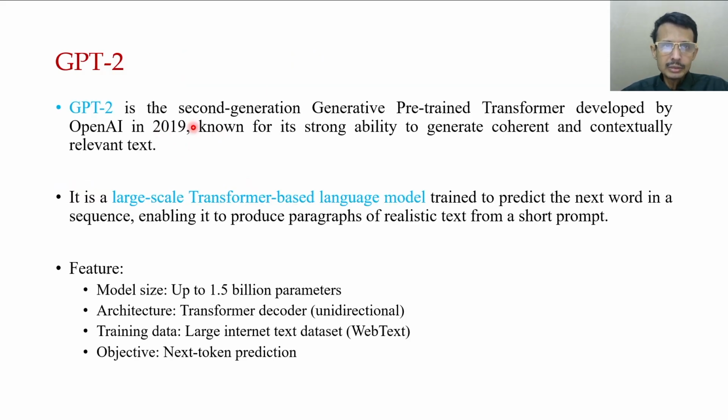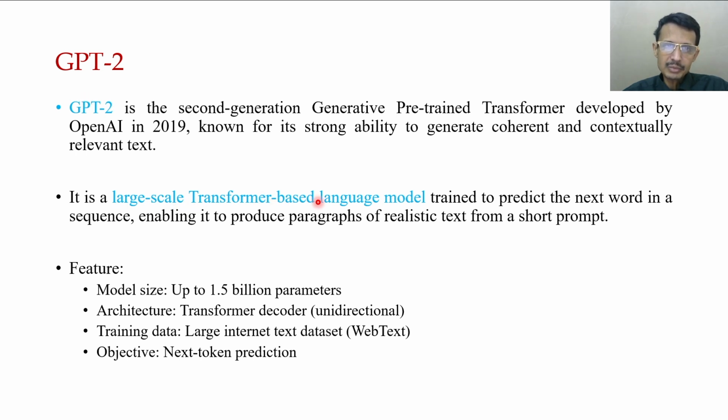Now GPT-2 is the second generation generative pre-trained transformer developed by OpenAI in 2019, as I've said, known for its strong ability to generate coherent and contextually relevant text. This is the basic motivation behind the innovation of GPT-2.